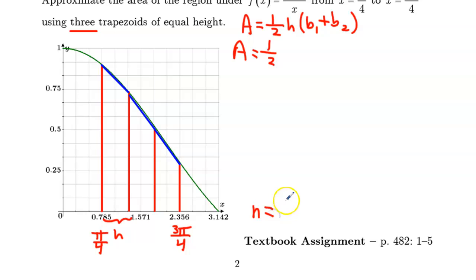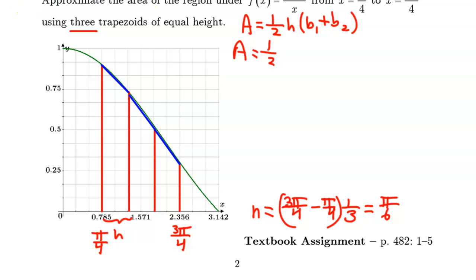The height is actually 3 pi over 4 minus 1 pi over 4, which gives you 2 pi over 4. And then we want to divide that into 3 equal trapezoids. So another way of saying that is to multiply by a third. And believe it or not, that gives you pi over 6. Okay, so if we add pi over 6 plus another pi over 6 plus another pi over 6, in fact, 3 pi over 6 reduces to pi over 2, doesn't it?